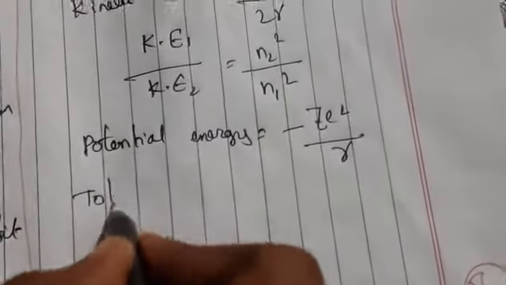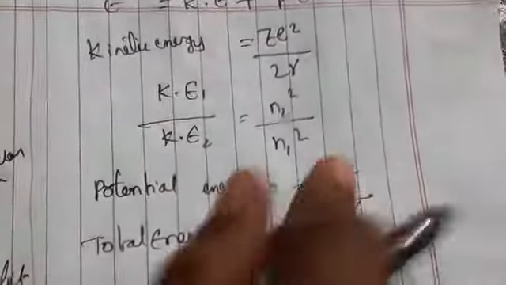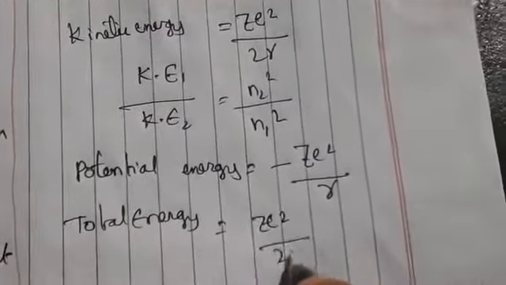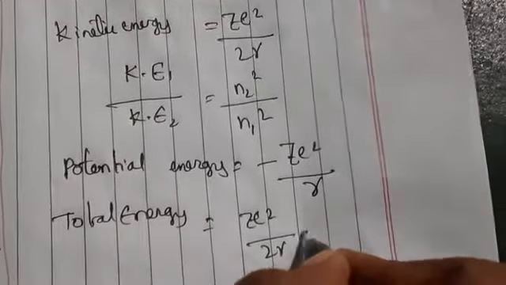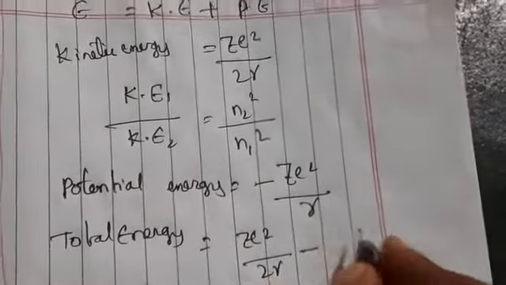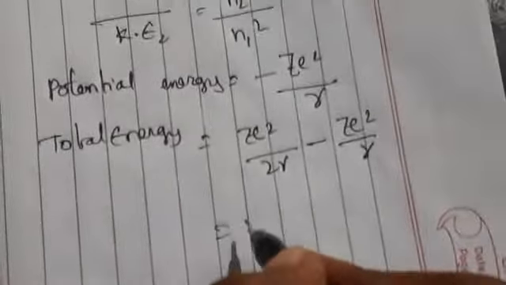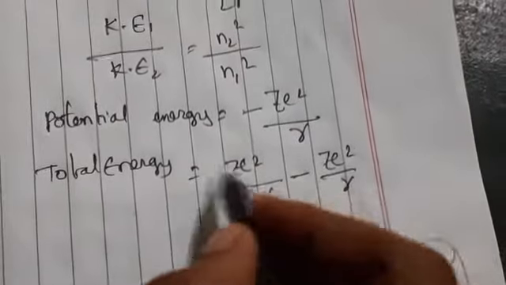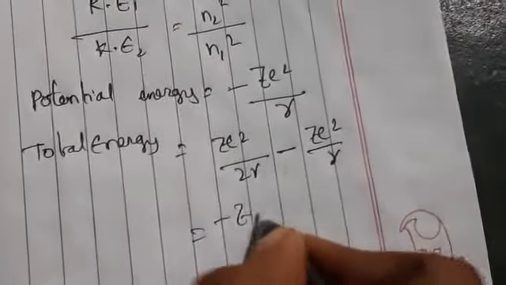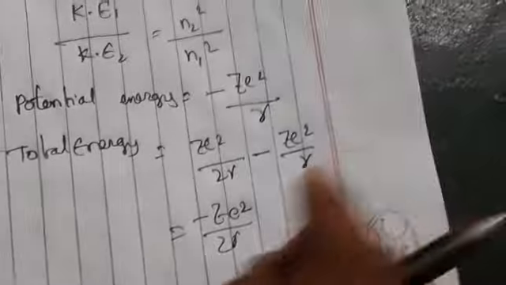So if you add these two, you get Ze square by 2r plus minus Ze square by r. By taking the LCM, you get minus Ze square by 2r as the answer.